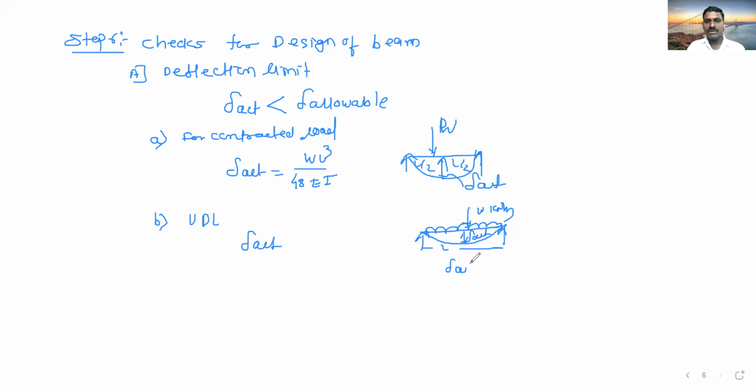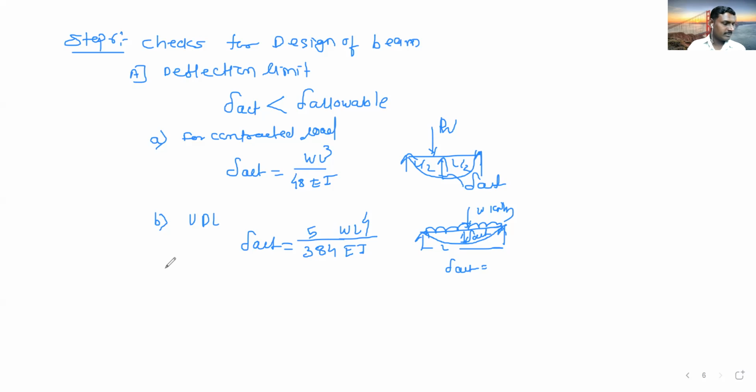It is 5 by 384 W L raised to 4 divided by E I. This is the delta actual for UDL.